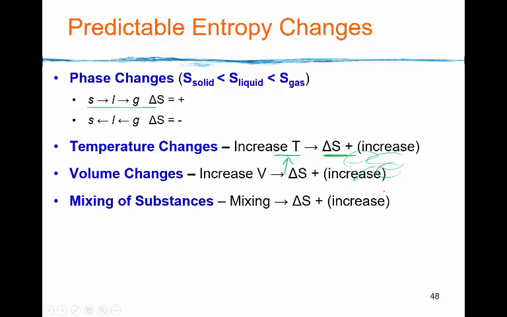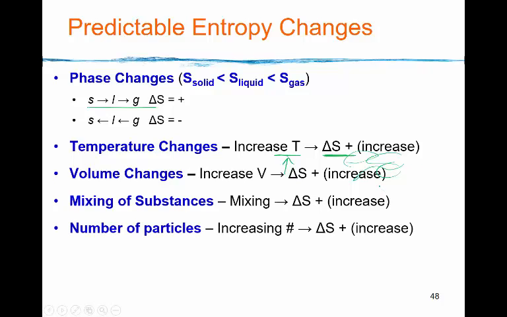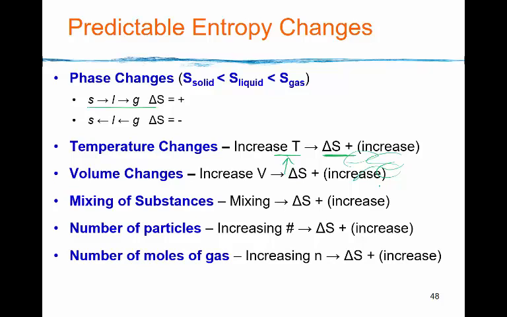Mixing substances increases delta S. Increasing the number of particles increases delta S. And increasing the number of moles increases the delta S. More things to bounce into, I guess.